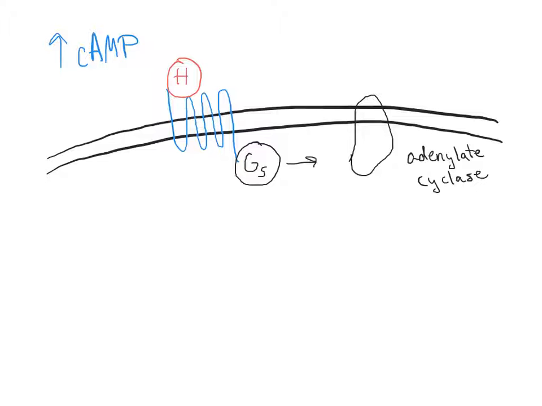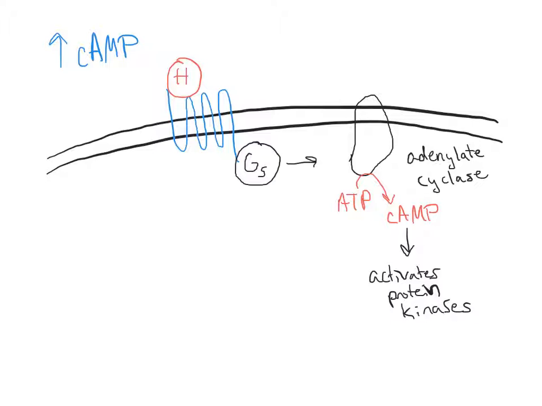Adenylate cyclase takes molecules of ATP and converts them to cyclic AMP. This cyclic AMP acts as the second messenger, and what cyclic AMP does is it activates enzymes called protein kinases.